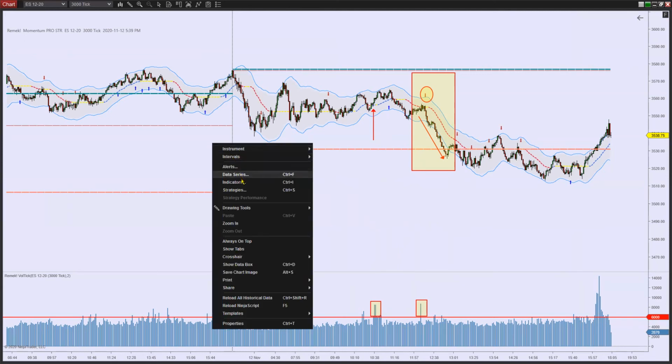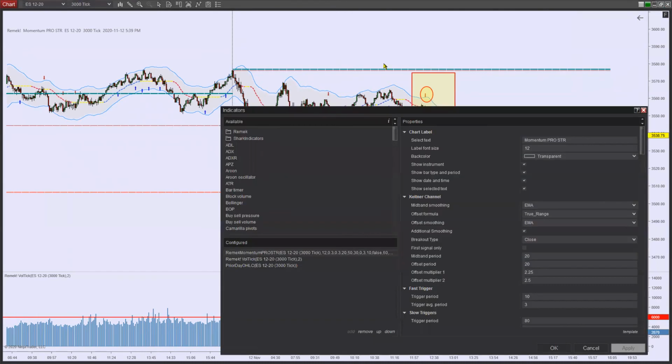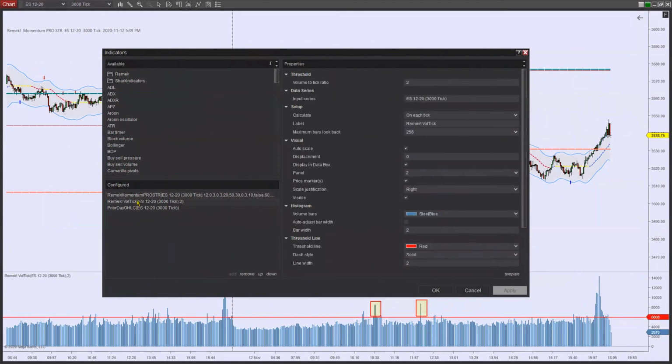Just one more thing, this ratio can be adjusted. I would think the ideal ratio would be different for different instruments. You have to play around with it a little bit, because on the ES, it seems to me that 2.5 might work well. Maybe on gold or some other instrument, you might find that 1.5 works better.